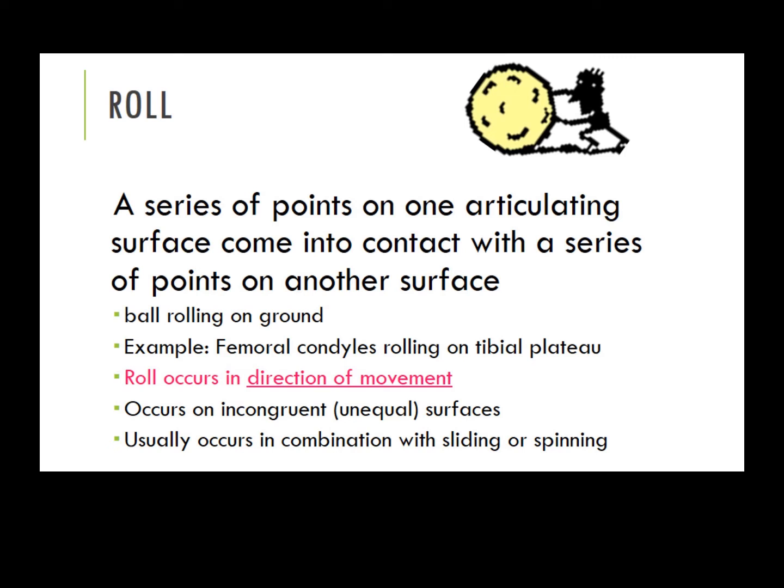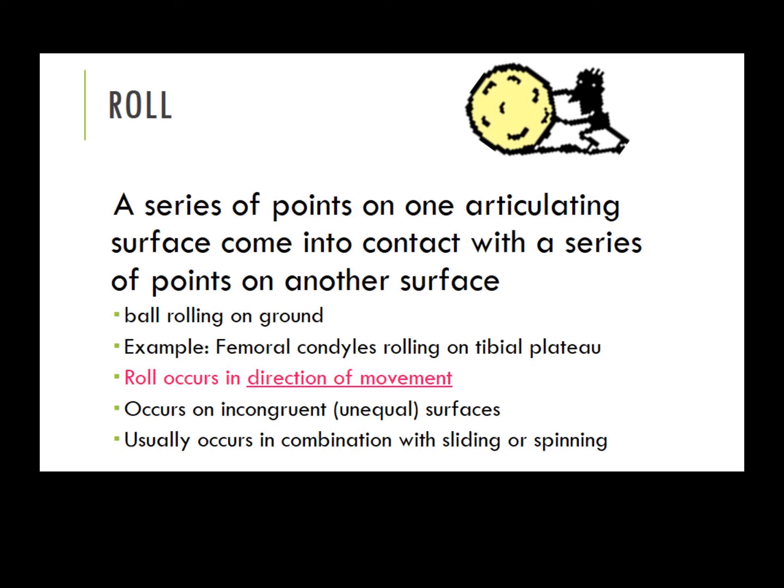So in rolling, a series of points on one articulating surface comes into contact with a series of points on another surface. If you see that figure, just visualize rolling a ball. If you're rolling a ball, the points on the floor will keep on changing, and the points on the ball coming in contact with the floor will also keep on changing.